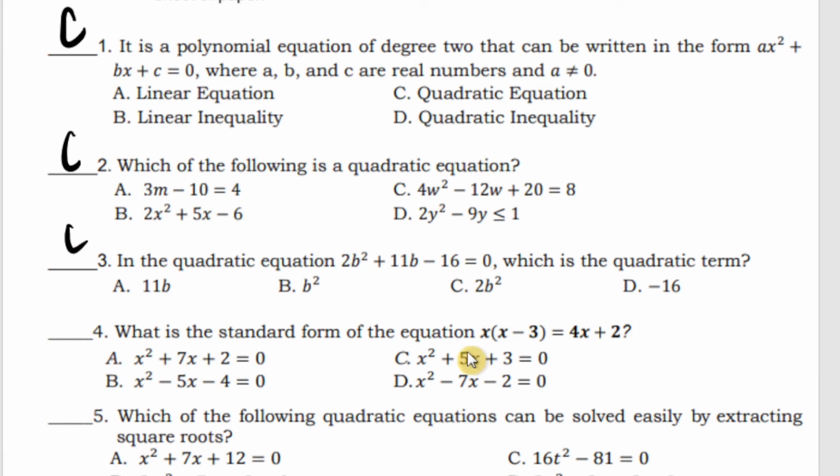Then item 4 is D, item 5 is C, and item 6, let's say D. So item number 1, 2, 3 is C, 4 is D, 5 is C, then D.